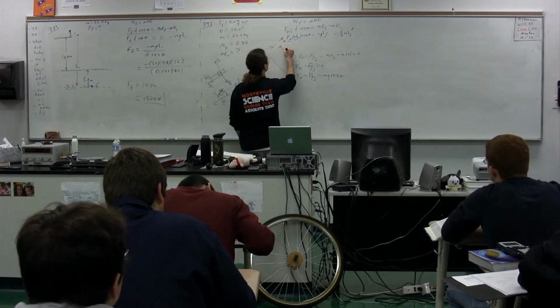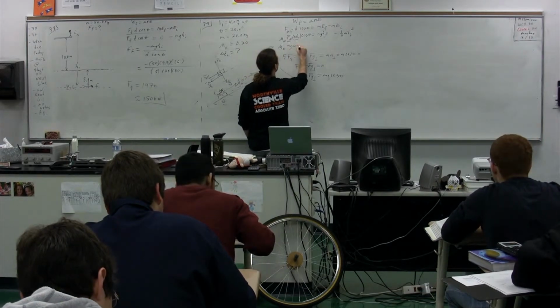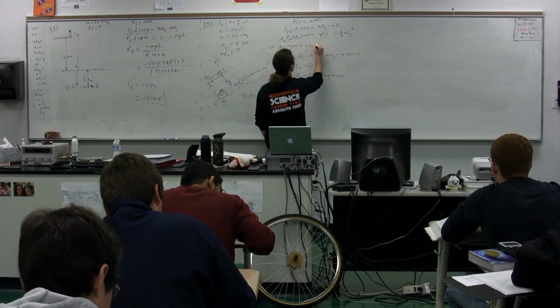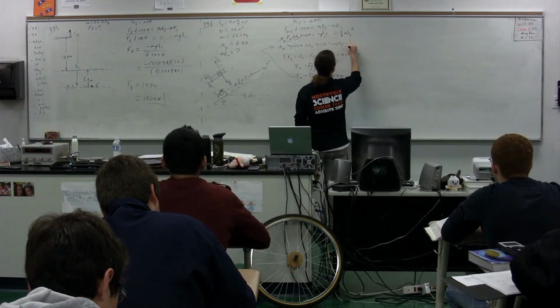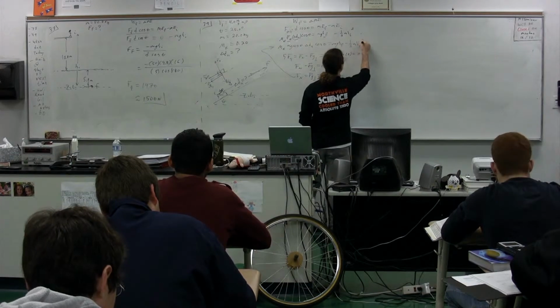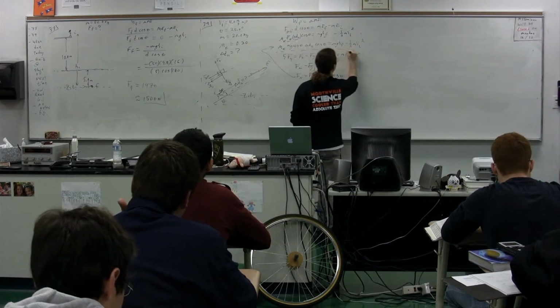We get mu k times mg cosine theta times delta d parallel times the cosine of theta equals mg h final minus 1/2 mv initial squared.